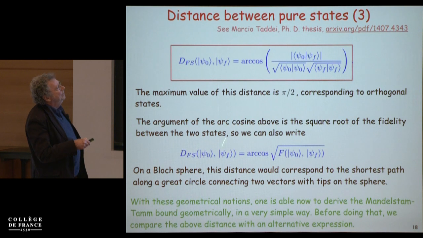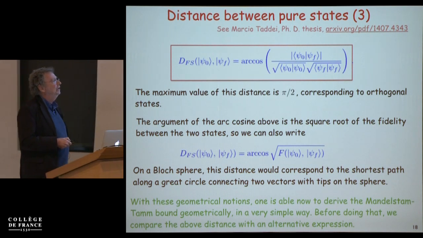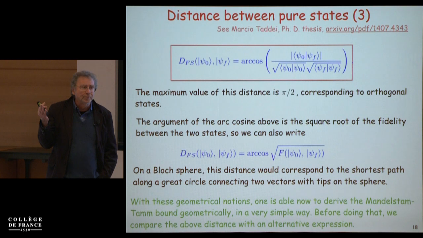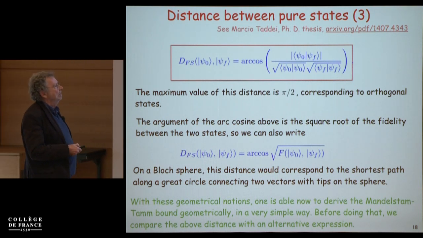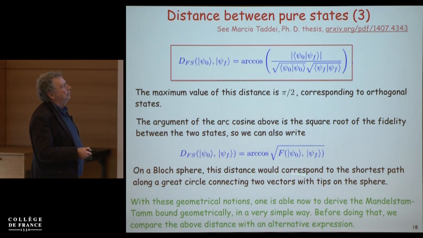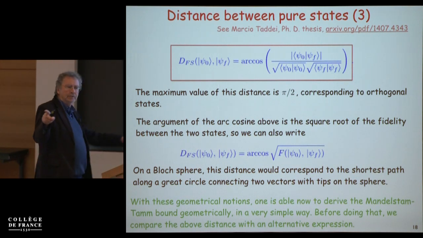So we can also write this as this expression here. You see that the distance between pure states is a function of the fidelity between them. Not surprising, but it's this function here, the arccosine. Now, on a Bloch sphere, this would correspond to the shortest path along a great circle connecting two vectors with tips on this sphere.